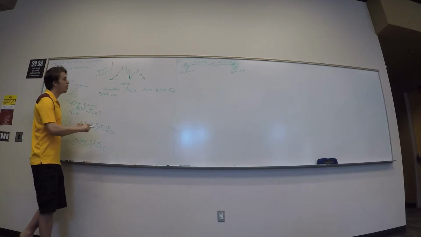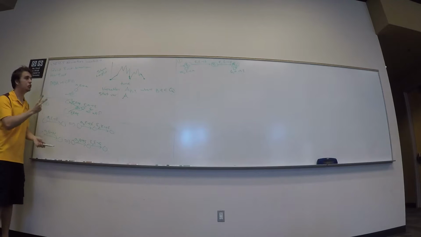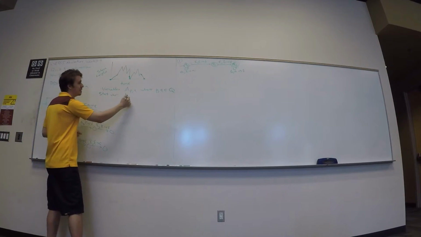Well, it's going to be A of something, right? But what are the two subscripts going to be? From where to where is the language of the PDA? The start state to which state? The single final state. Ah, that's nice.